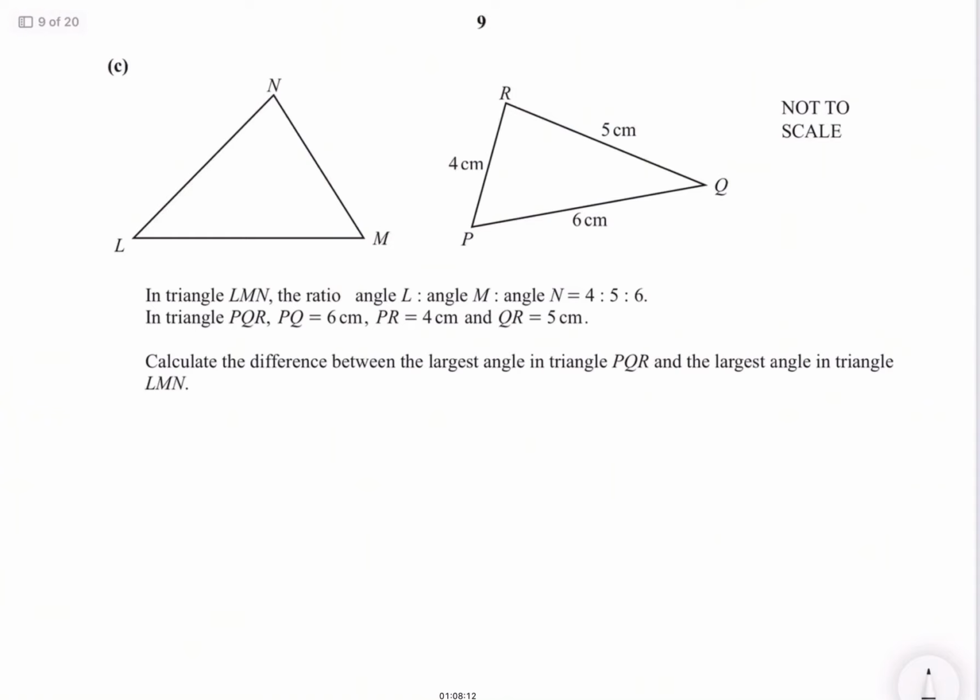In part C, he has given us two triangles, LMN and PQR, and the lengths are given and the ratios are given. He says, calculate the difference between the largest angle in the triangle PQR and the largest angle in the triangle LMN. So let's find out the largest angles.